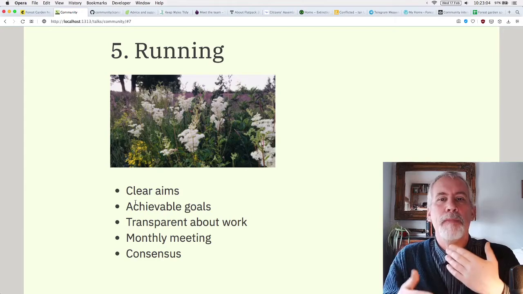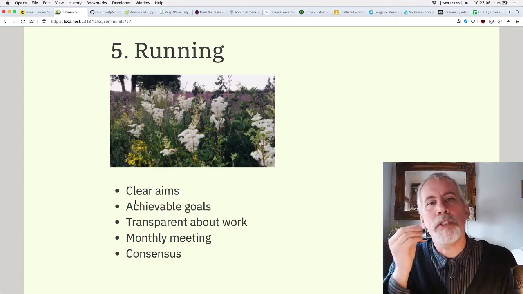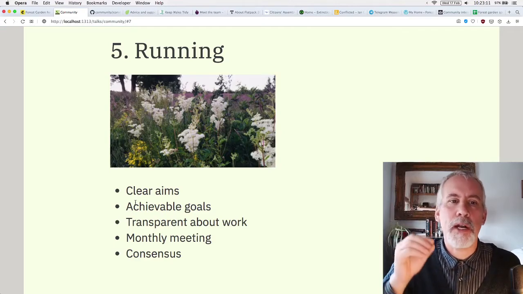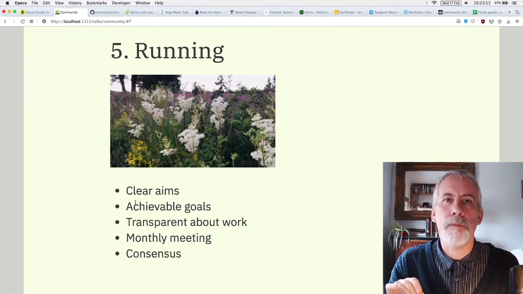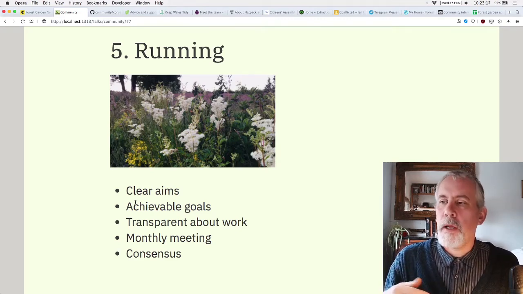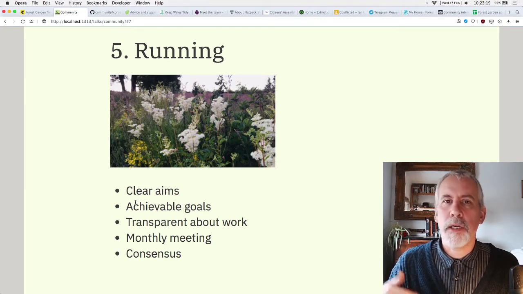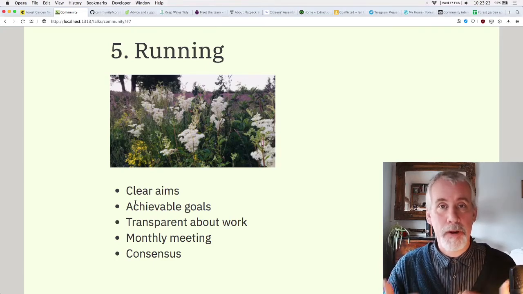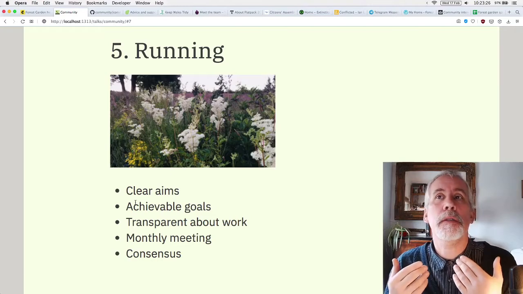But having a clear aim and achievable goals does make it much simpler to do this. And it's being transparent about the work involved, because there is work involved. A forest garden does require work. Any garden requires work, and you've got to be upfront about what is expected.